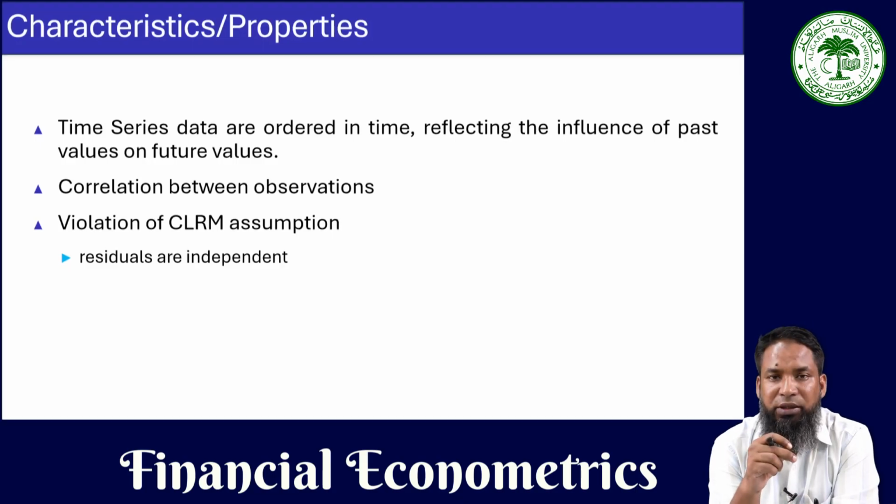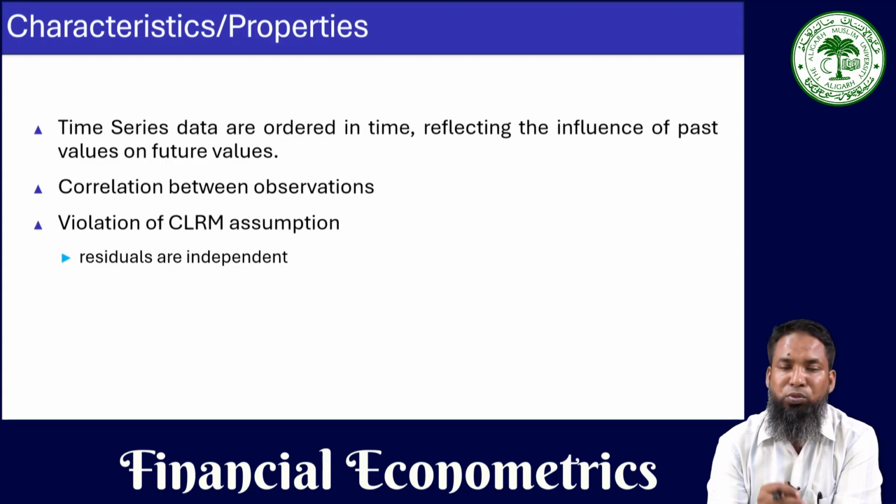However, here we are saying that one of the characteristics of time series is that the previous observation has an effect on the future observation, or the current observation depends on the previous observation. That means most often in the case of time series, this assumption gets violated.